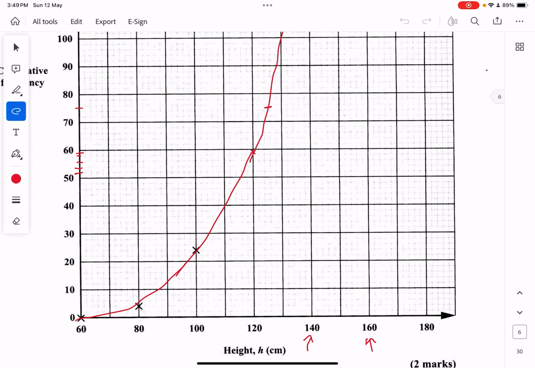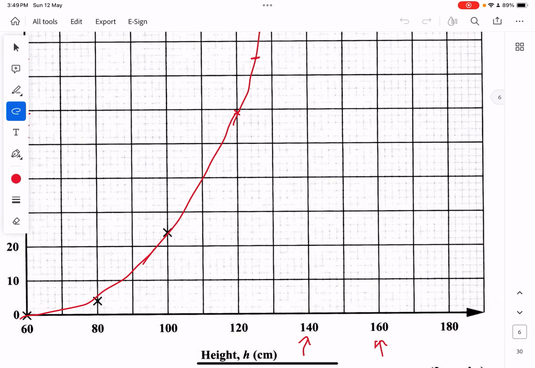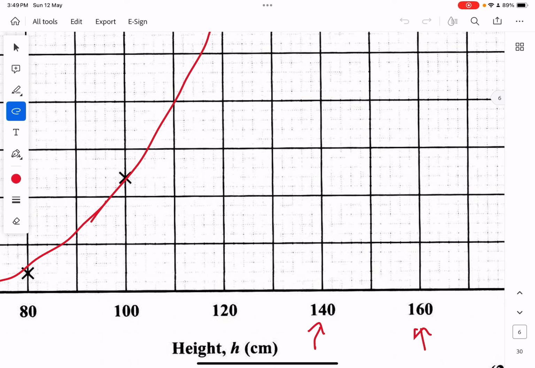So we have that 2 cm represents 20 units. Therefore, since it's 10 lines in between there, each one of these smaller units is going to be 20 divided by 10, which is 2. So each one of these represents 2 units as well.